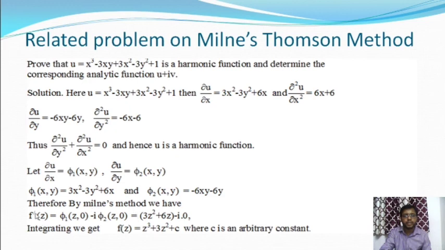So f dash z is equal to phi 1 of z comma 0 minus i into phi 2 of z comma 0. I have already mentioned in the previous slide, this is the expression of f dash z, or that is f of z is equal to the integration of phi 1 of z comma 0 minus i into phi 2 of z comma 0. So here del u del x is equal to phi 1 of x comma y, and del u del y is equal to phi 2 of x comma y. Okay.